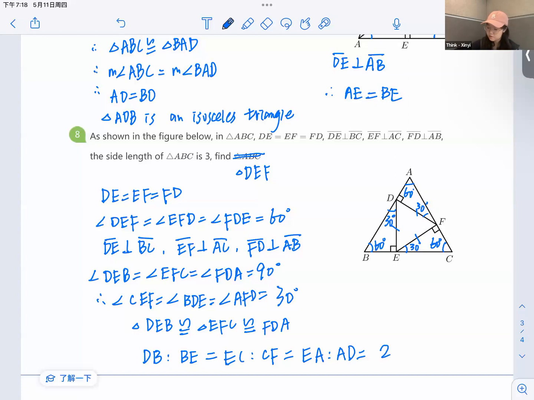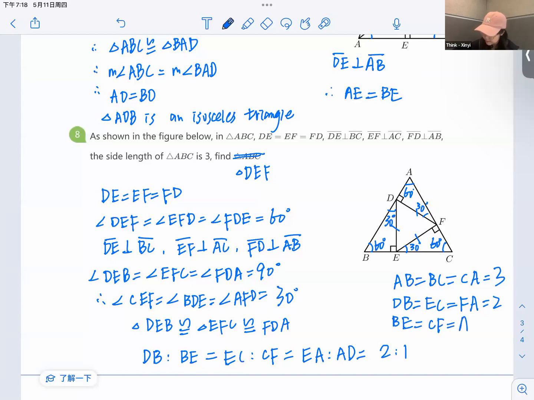They're all 2/1, okay? So since we have AB equals to BC equals to CA equals to 3, we have DB equals to EC equals to FA equals to 2, and we have BE equals to CF equals to AD equals 1.